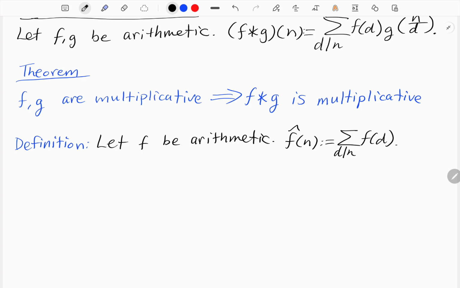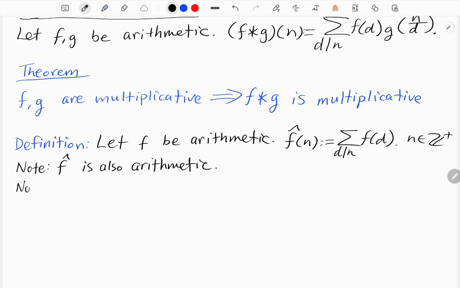I guess from here you can conclude that f hat is also multiplicative. Oh, sorry, not multiplicative, arithmetic. Because the input n is a positive integer, and f is arithmetic, so based on this setup, f hat is also arithmetic.